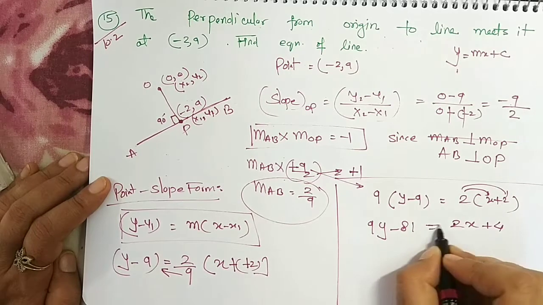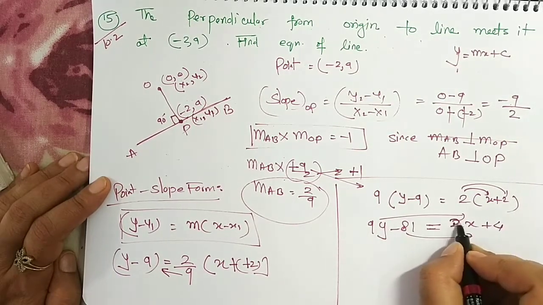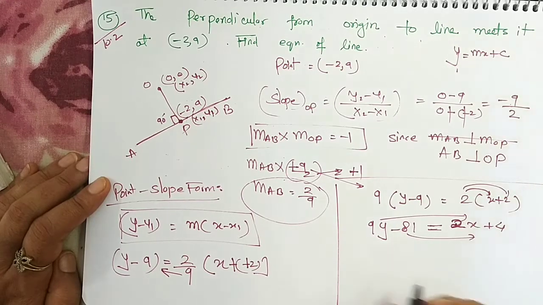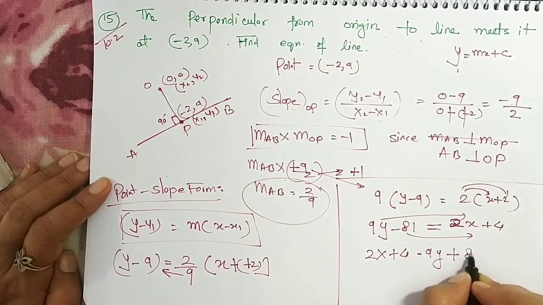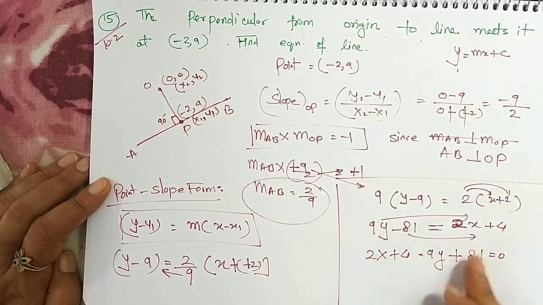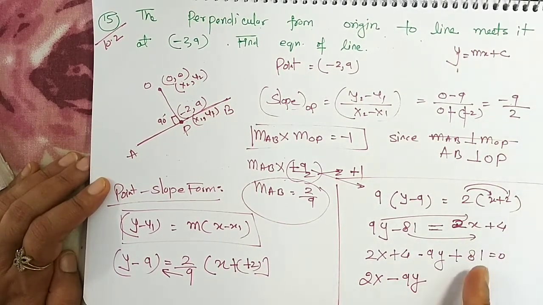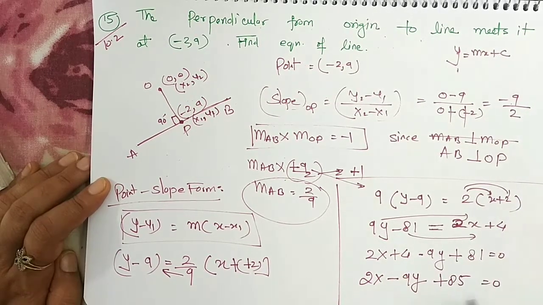So can I take this y here and 81 here? Why, guys? Because I don't want to make 2x negative mostly, right? So I will write 2x plus 4 minus 9y plus 81 is 0. This 81 I am bringing here. So it became plus. So I am writing 2x minus 9y. What is 81 plus 4? Is 85 is equal to 0.